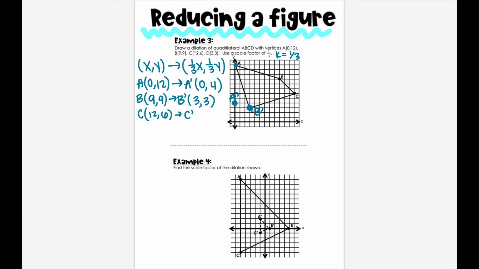C is originally at 12, 6. So C prime is going to be 1/3 of both of those. So 12 over 3 is 4, and 6 over 3 is 2.